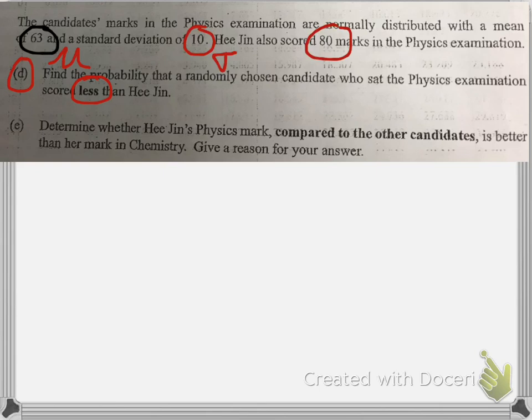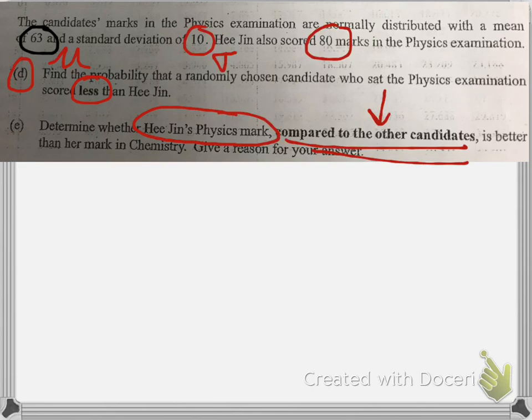Determine Hee-Jin's physics mark compared to other candidates. So did Hee-Jin do better in the physics exam or the chemistry exam? You may say, she scored 80 on both of them, but it's compared to the other candidates.